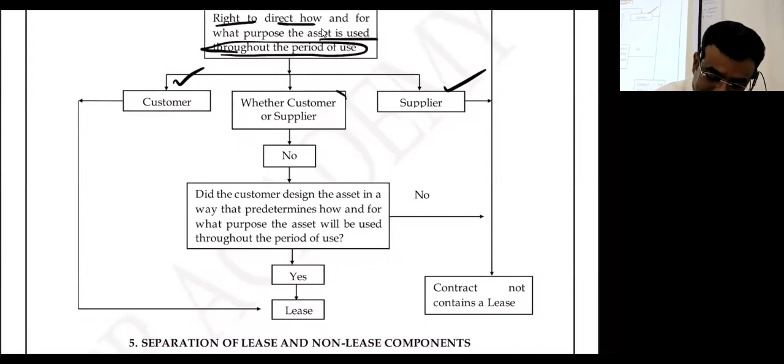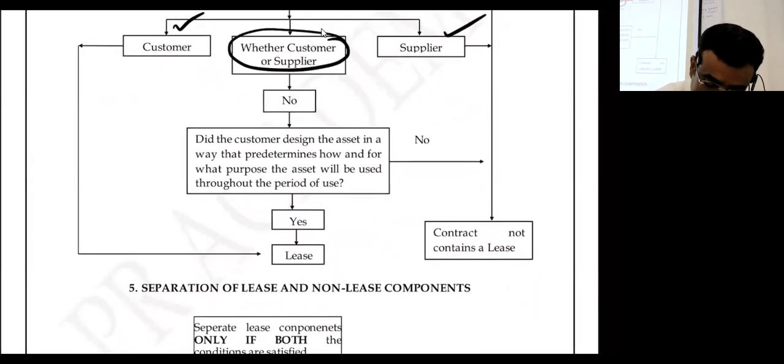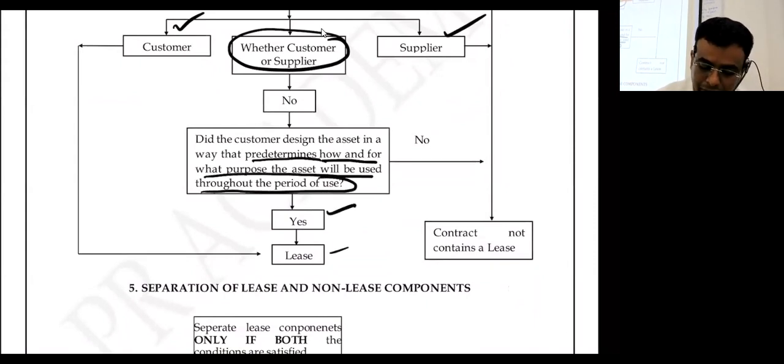Okay, whether customer or supplier, neither party can decide அப்படிங்கிற மாதிரி வச்சுக்கோ. If the customer designs the asset in a way that predetermines how and for what purpose the assets will be used throughout the period of use, yes அப்படின்னா lease, no னா not a lease. கஸ்டமர் சொல்றாங்க எனக்கு இந்த மாதிரி தான் வாட்டர் பாட்டில் வேணும், இதை எப்படி யூஸ் பண்ணணும்னு நான் டிசைட் பண்ணிக்குவேன், அப்படின்னு கஸ்டமர் டிசைட் பண்ணாங்க. Again it is lease, இல்லைன்னா not a lease. Is it clear? Everybody, I hope you are clear on this. Yes or no?